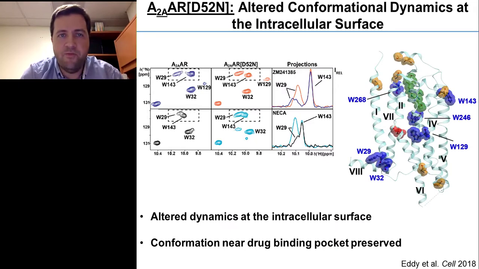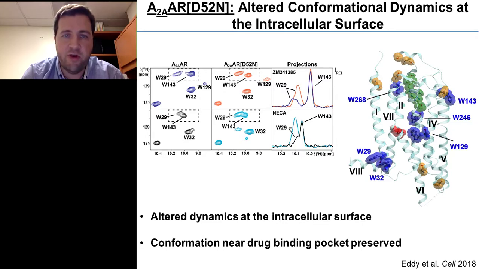Also, if you remember, on an earlier slide we were looking at some of the signals from the tryptophan residues on the intracellular surface and saw line broadening and signal multiplicity there. So if we look at those same tryptophan signals and compare the data for the native and the variant proteins, we see some interesting differences.